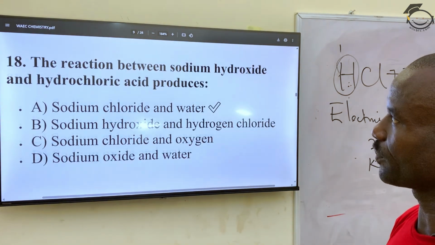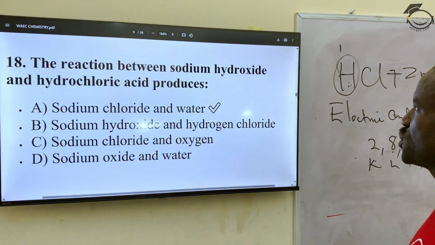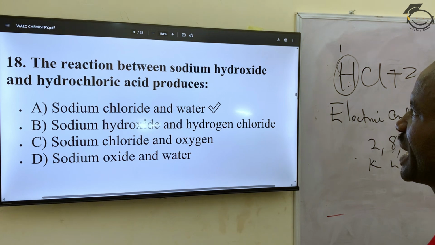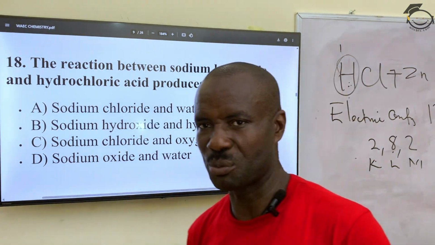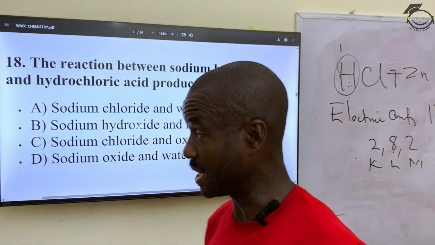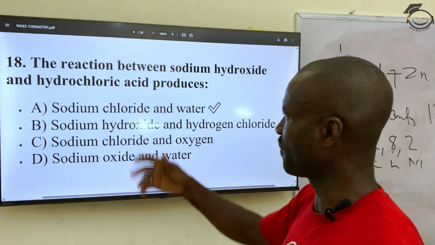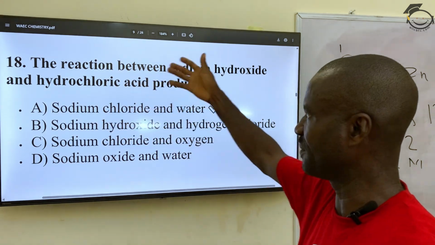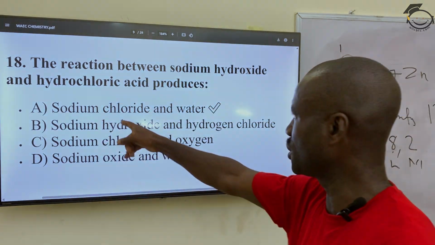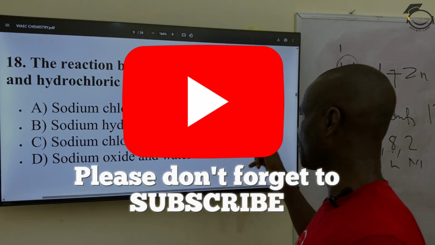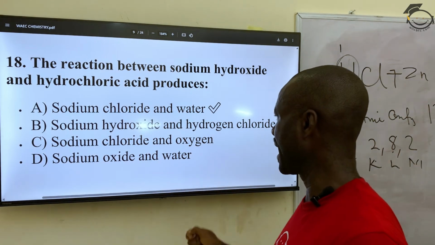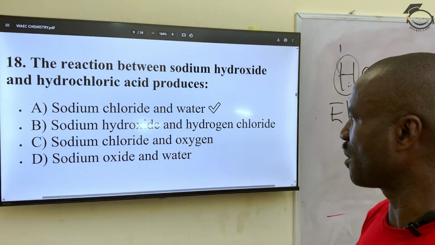Question 18. The reaction between sodium hydroxide and hydrochloric acid produces... An acid and a base react together to produce salt and water, which is a neutralization reaction, right? So which of them clearly defines the reaction between acid and base? Sodium chloride and water, sodium hydroxide and hydrogen chloride, sodium chloride and oxygen, sodium oxide and water.